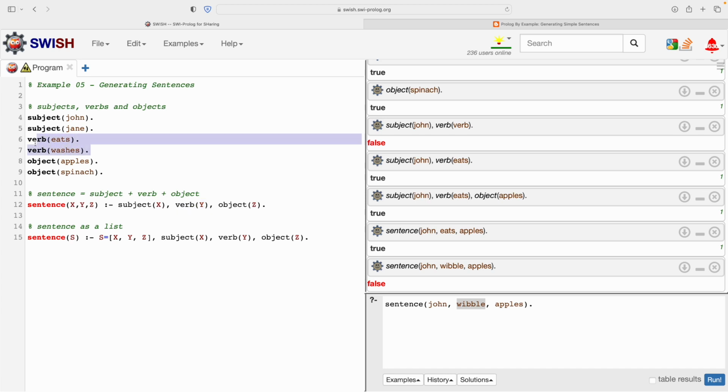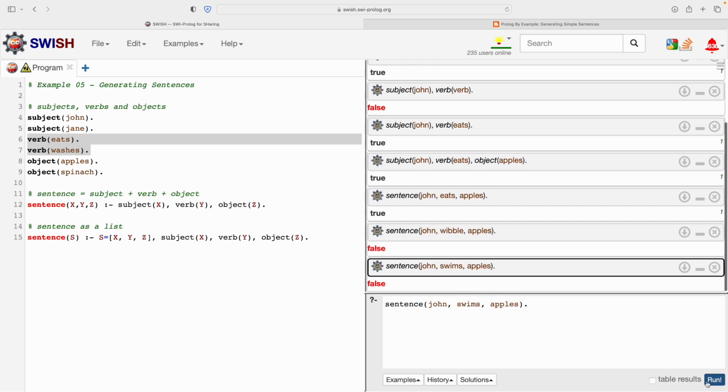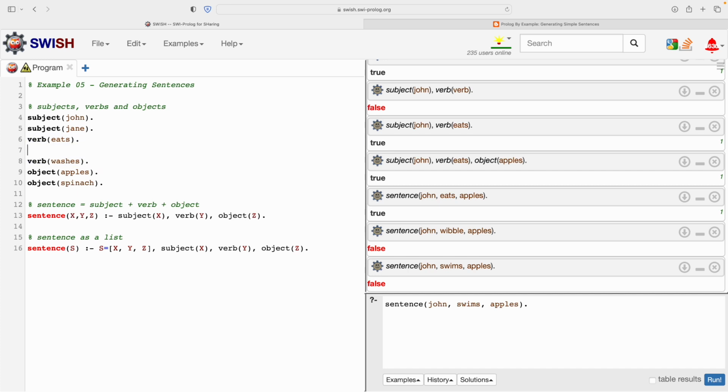It's not in here. And even if we do put another verb like runs or swims, we know that's a verb, but Prolog doesn't because it's not in here. We could add it. We could say verb swims, and then it would say correct.